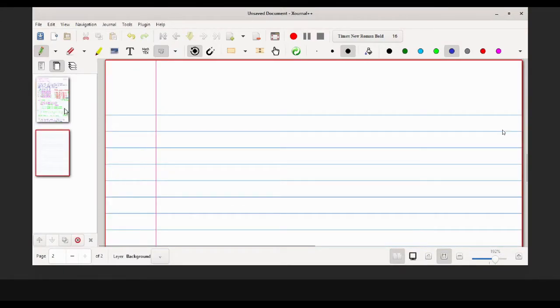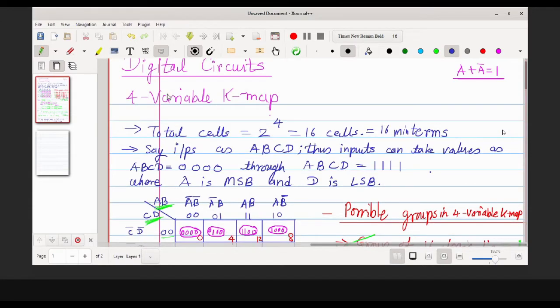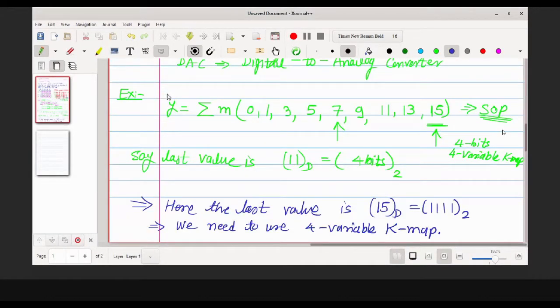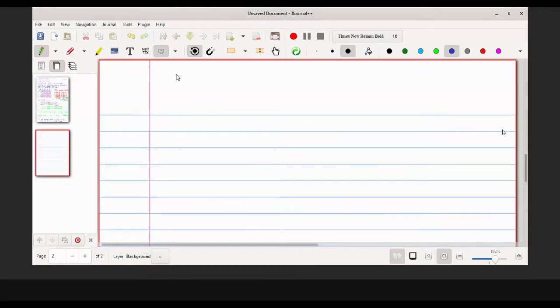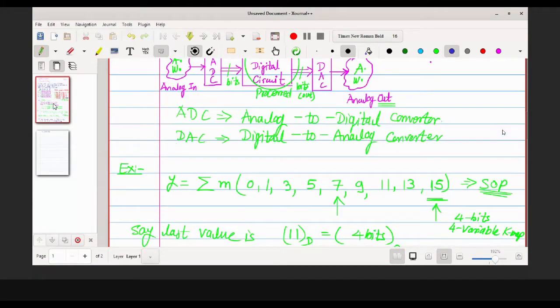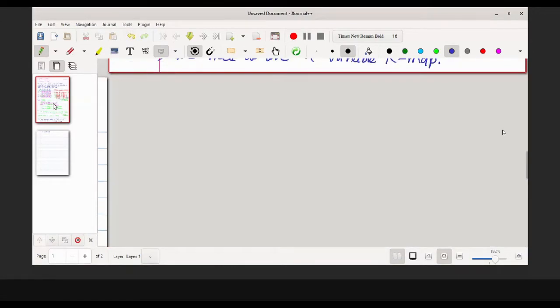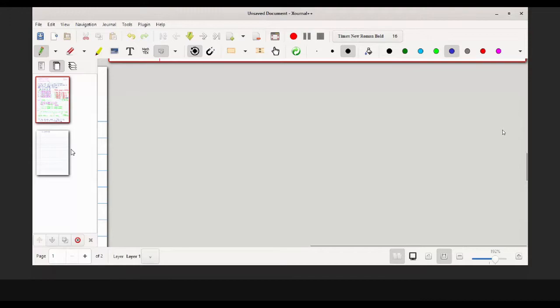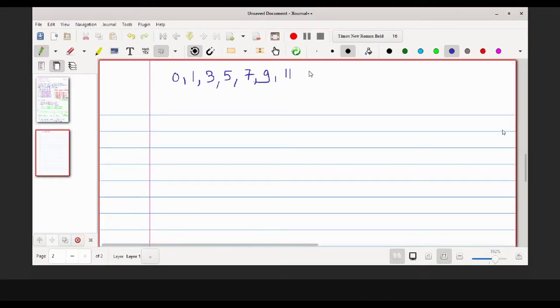So the expressions, the min terms, are like this: 0, 1, 3, 5, 7, 9, 11, 13, and 15.